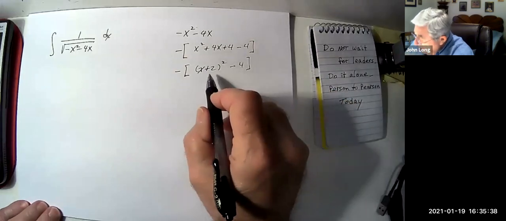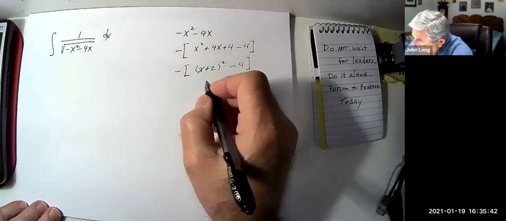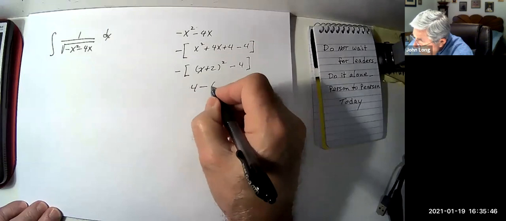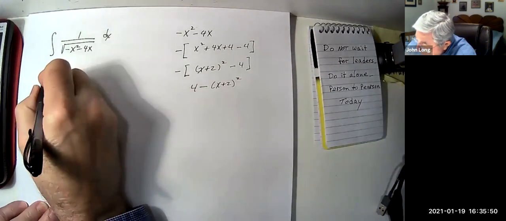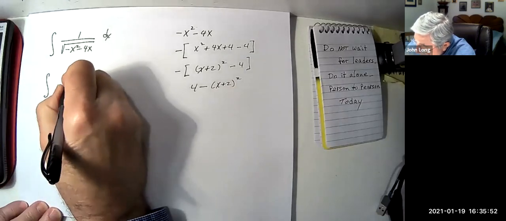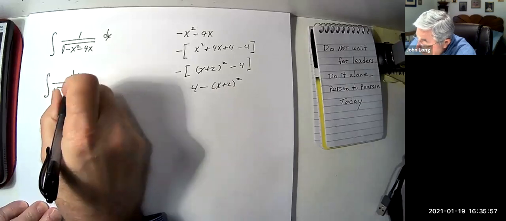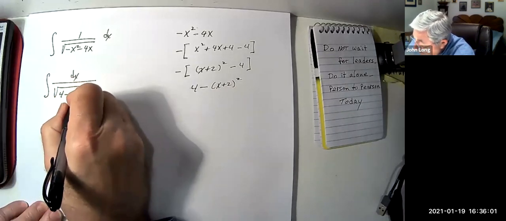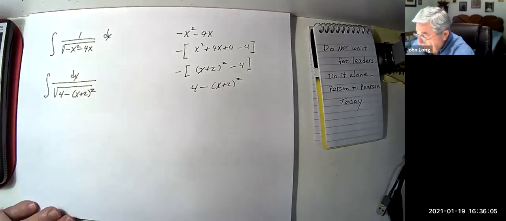And so we rewrite all of this. We multiply by the minus and rearrange it. It becomes 4 minus x plus 2 squared. And so that's where we come back over here, and this becomes dx over the square root of, and now that has been replaced with 4 minus x plus 2 squared.